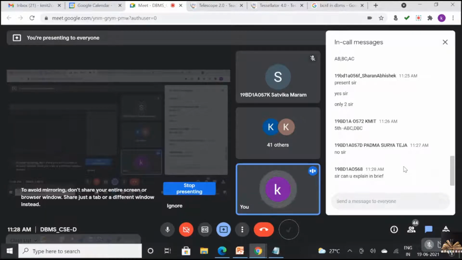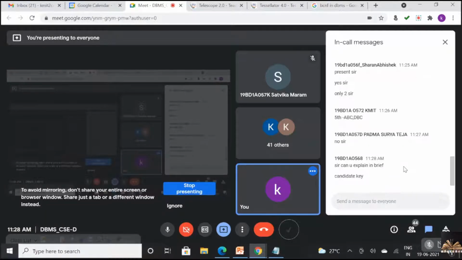Which one do you want? Candidate key. What is the problem with candidate key?